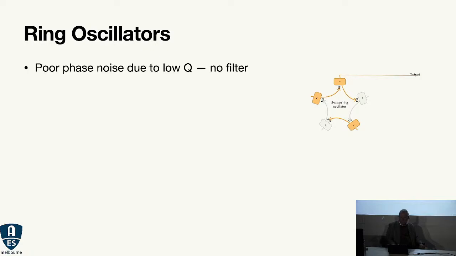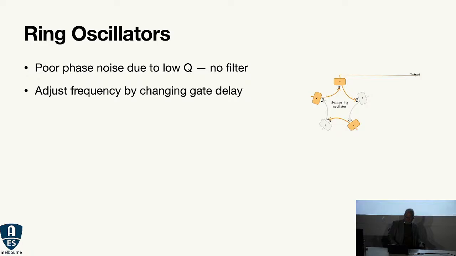But they have, as I said, very poor phase noise because they have no Q. There's nothing filtering this. It's just literally noise going in a loop. It's very easy to adjust this frequency for the oscillator because all you have to do is change the gate delay, which you can easily do with some voltages.